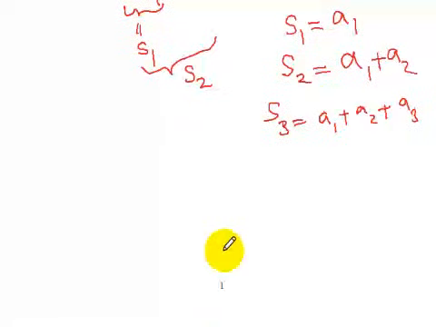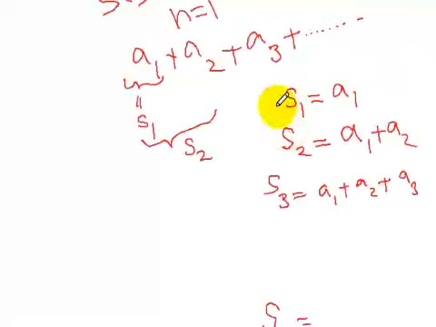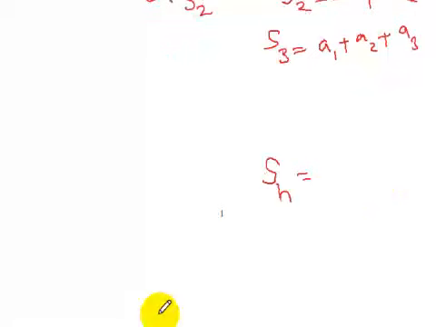So you can define a general term. This is the first partial sum, this is the second partial sum, this one is the third partial sum, and this one is the nth partial sum.